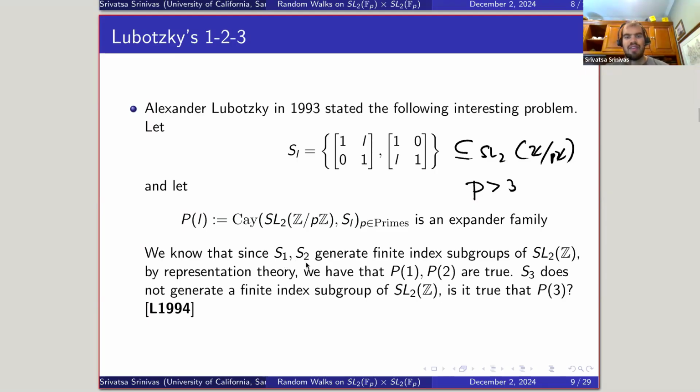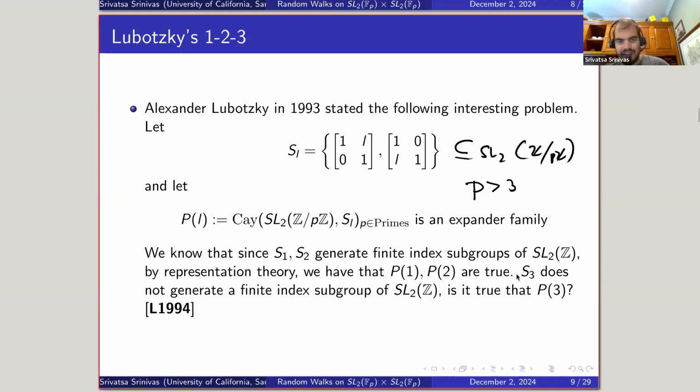S1 and S2, viewed as subsets of SL2Z, actually generate finite index subgroups of SL2Z. Therefore, using representation theory and Selberg's 3/16 theorem, we can say that P1 and P2 are actually true. So this comes from passing to what we love to call the mother group, where all of these are quotients of SL2Z.